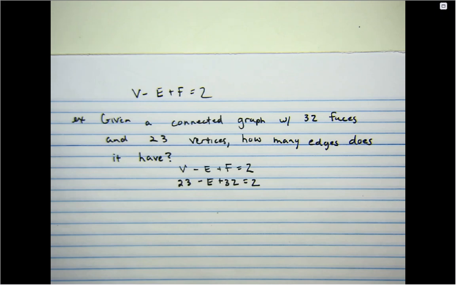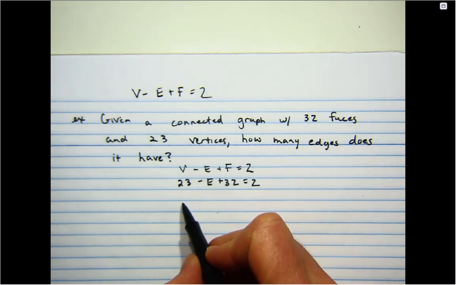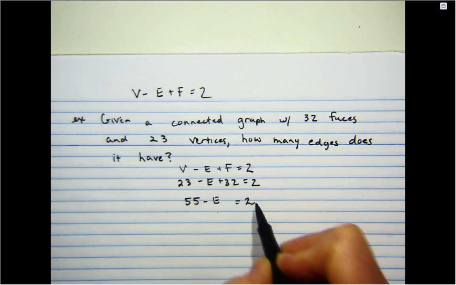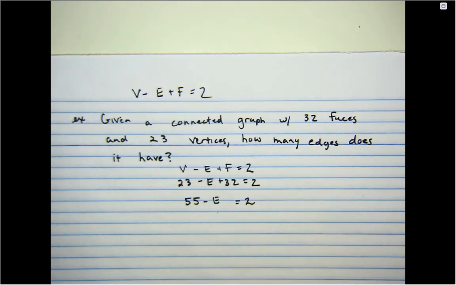Now on the left side of the equation, you'll be able to combine the two numbers. It doesn't matter that the 23 and the 32 aren't next to each other, okay? And the vertices and the faces are both positive. Only the edges are negative. So we add the 23 and the 32 together. So 55. So 55 minus e equals 2.